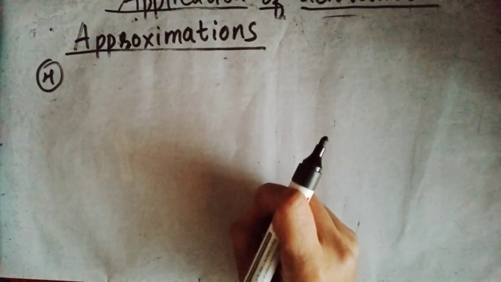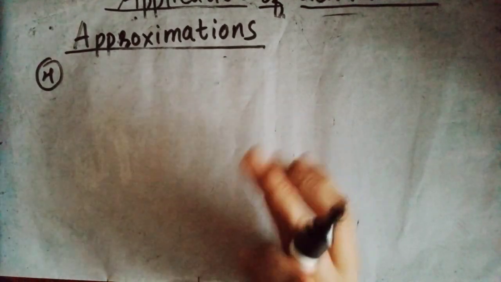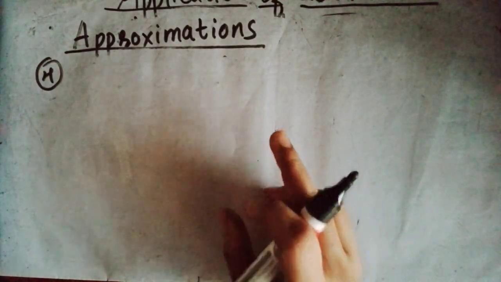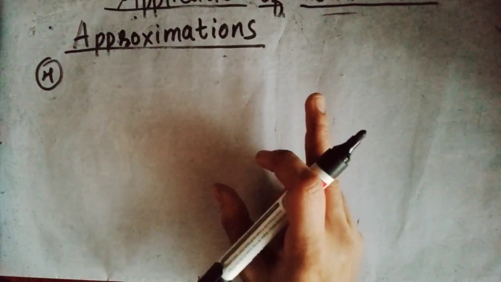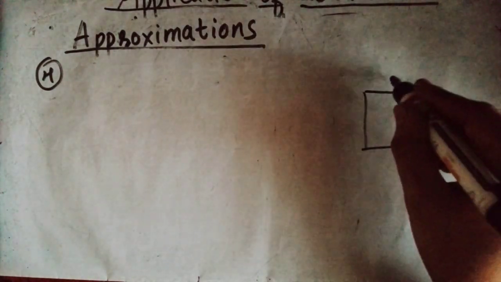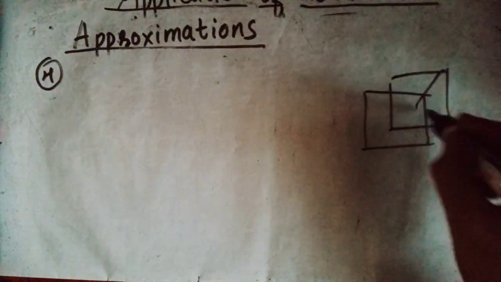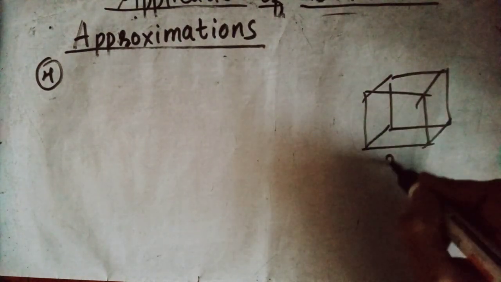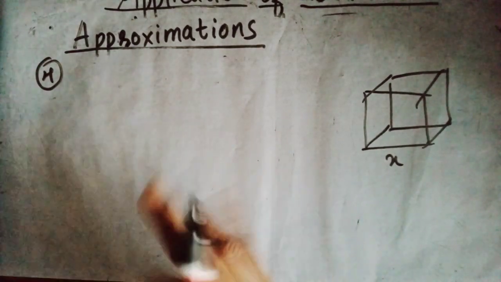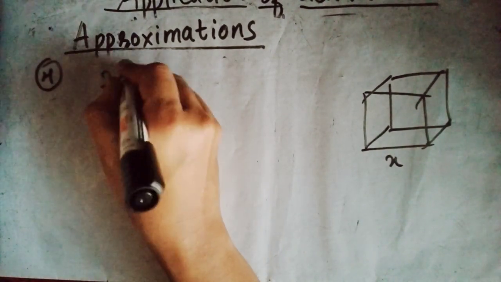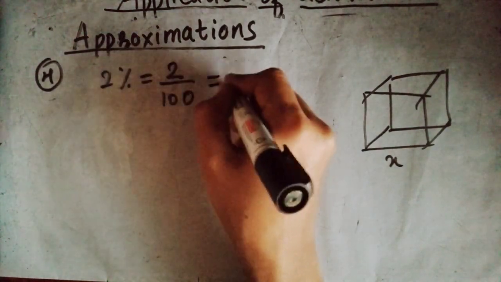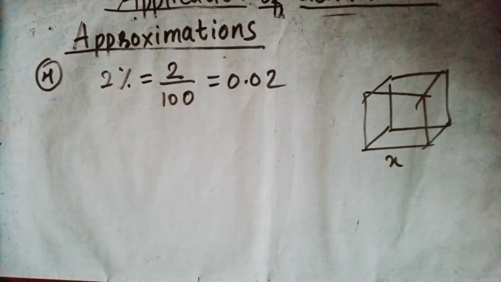Next example. Find the approximate change in the volume of a cube of side x meters caused by increasing the side by 2%. So if you have a cube, say of side x, they are increasing the side by 2%. 2% means this is 2 by 100, so it is 0.02.